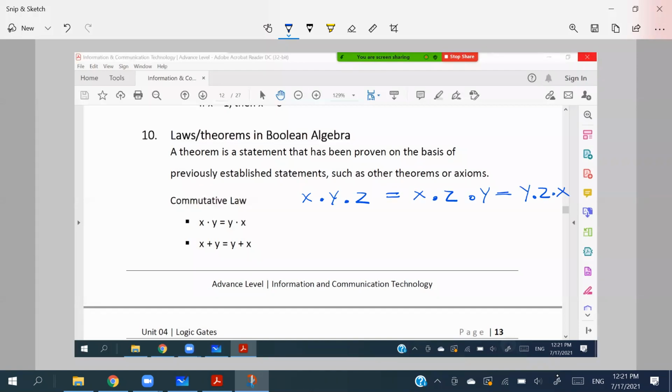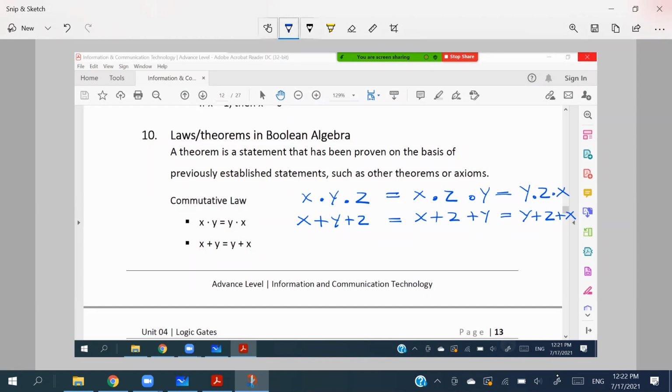It is possible, right? And again, x plus y plus z can be written as x plus z plus y, or y plus z plus x, because every variable is separated by the similar operator.